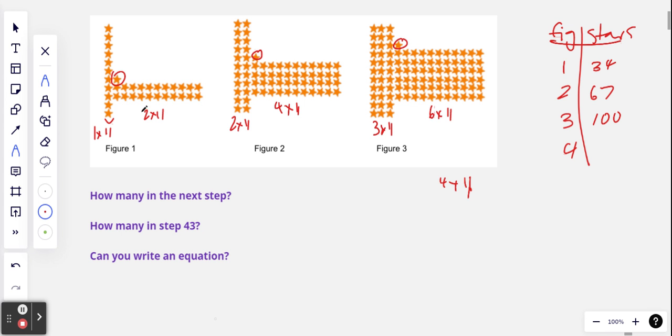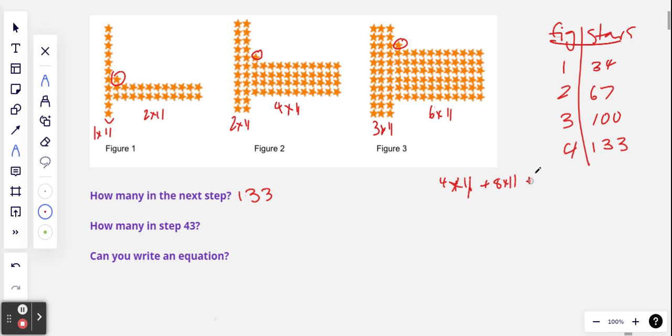So that looks like the step number times 2. 2 times 1 is 2. 2 times 2 is 4. 2 times 3 is 6. So I think we'd have 8. So 4 times 11 plus 8 times 11. So that's 12 11s and one more. So 12 times 11 would be 132, plus one more would be 133 for step 4. So that's my prediction for step 4. Do you agree with that?